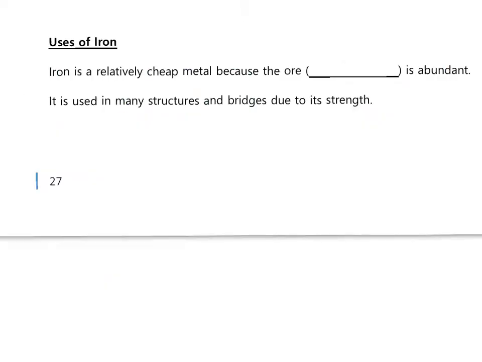And then very lastly, at the bottom of page 27, it's just looking at the uses of iron, which is a separate point on your specification, but it's very, very brief. And just that we use iron in construction, in many structures and bridges due to its strength, but also because it's a relatively cheap material, because the iron ore, which hopefully you know by now, is called hematite.